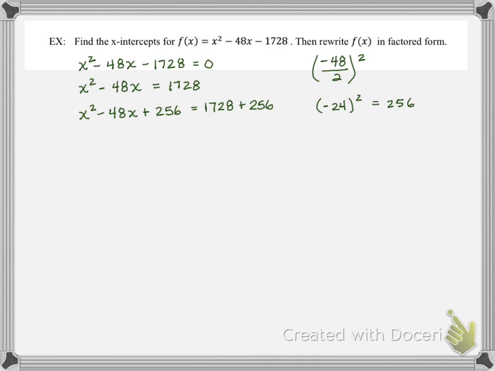So it sort of defeats the purpose of this whole enterprise if we have to use the AC method to factor the left side. But remember that when we complete the square, the number that we squared to get that 256 is the constant term in the binomial that is being squared. So we know this factors into x plus something, squared.